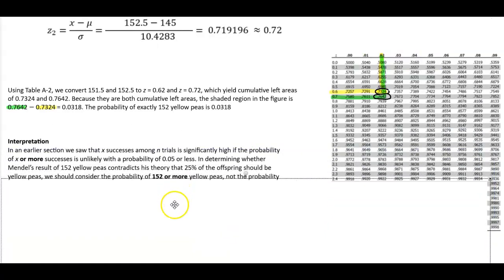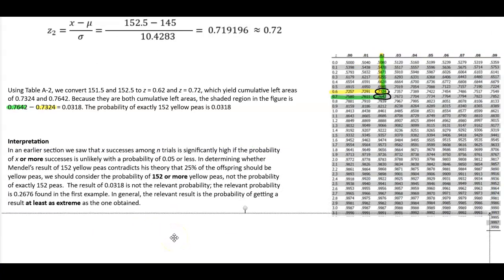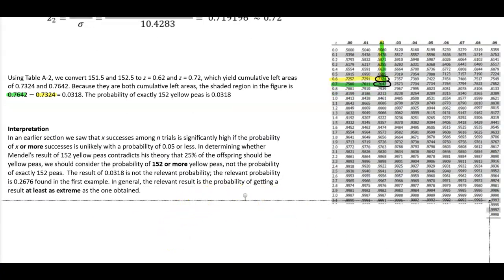Now let's take a look at the interpretation. In an earlier section, we saw that x successes among n trials is significantly high if the probability of x or more successes is unlikely, with a probability of 0.05 or less. In determining whether Mendel's result of 152 yellow peas contradicts his theory that 25% of the offspring should be yellow peas, we should consider the probability of 152 or more yellow peas, not the probability of exactly 152 peas.